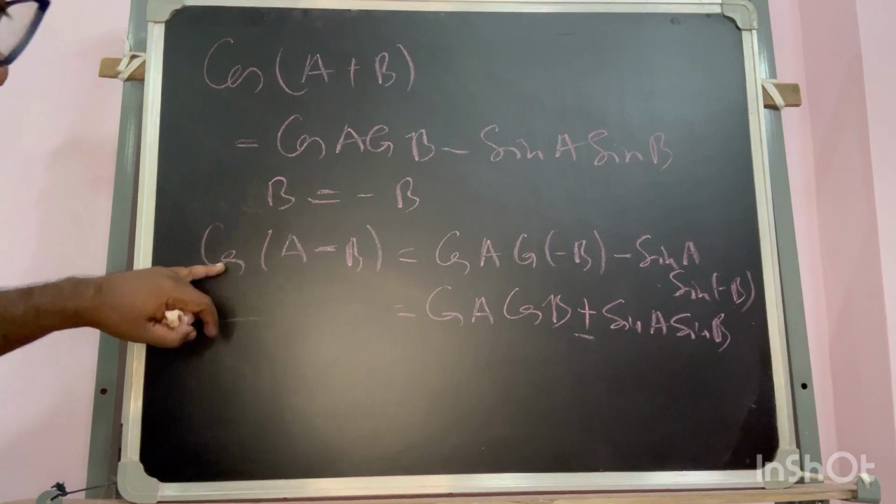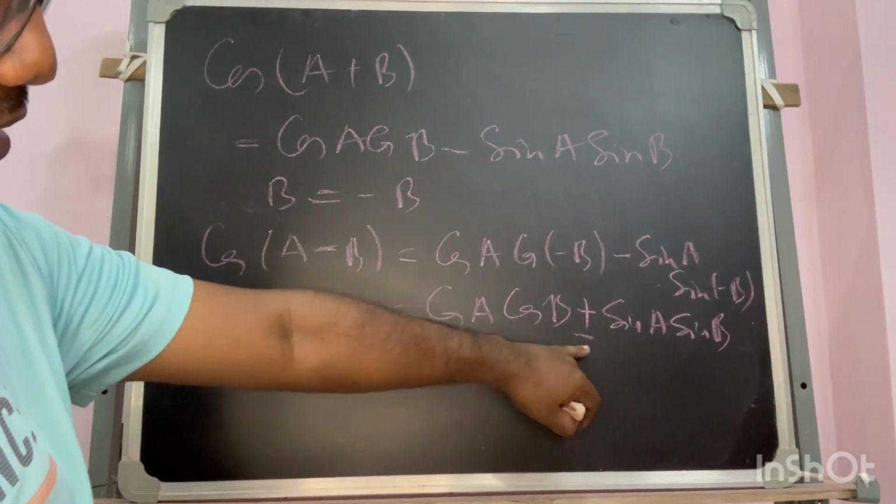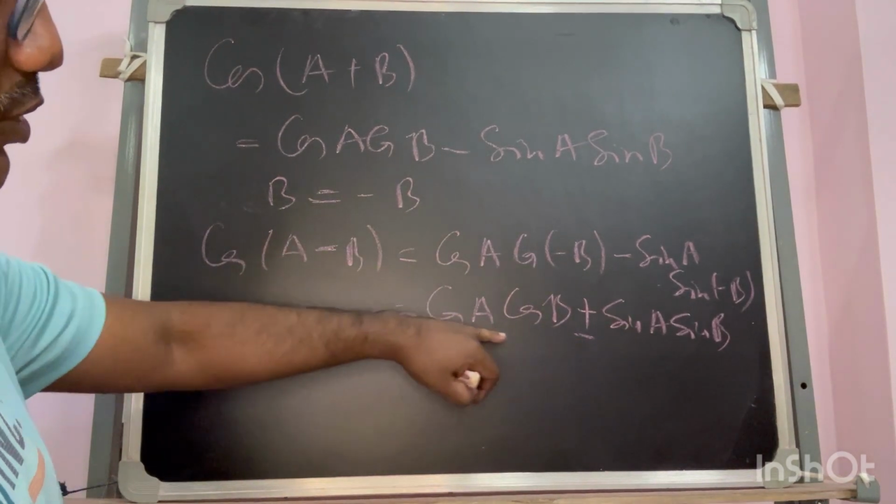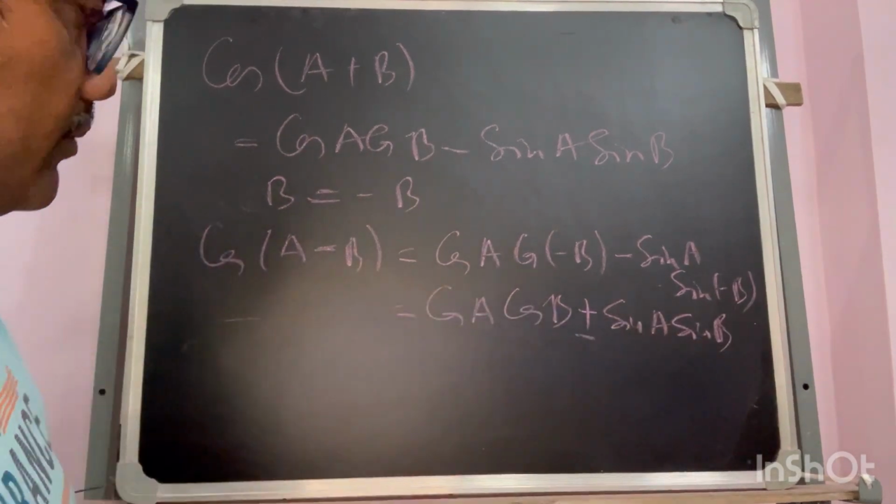Just remember this way. For cos of A minus B, both cos will come together, both sin will come together.